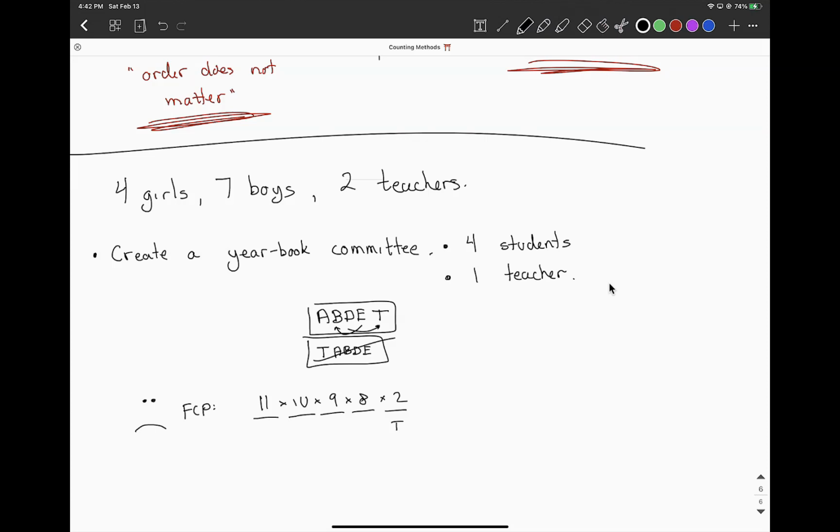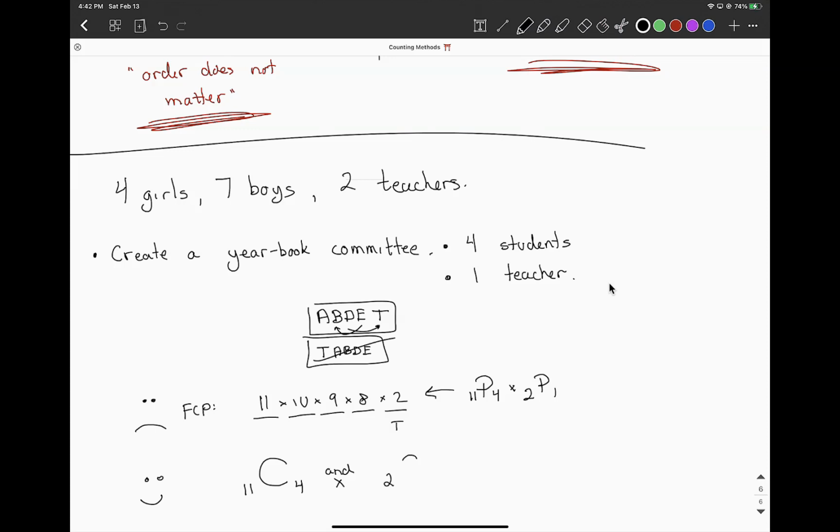Because unfortunately, what you've done is created a permutation of 4 people and then a permutation of the teacher, which is going to give you a much higher answer than if you said from 11 people, we're taking the combination of 4 people to pick the students, and then multiply.